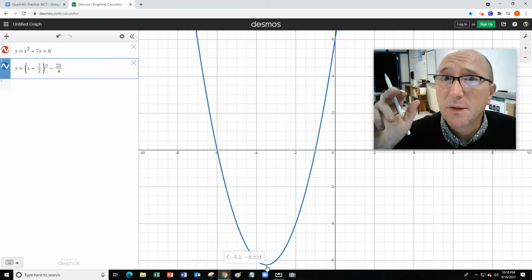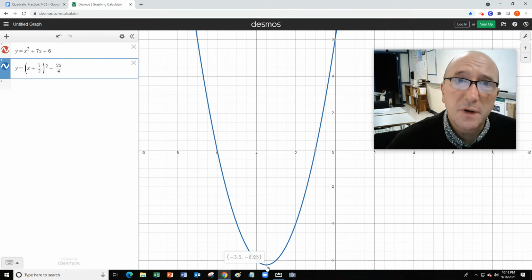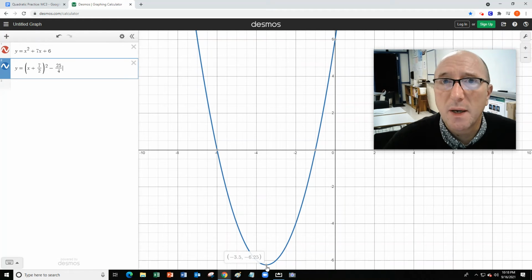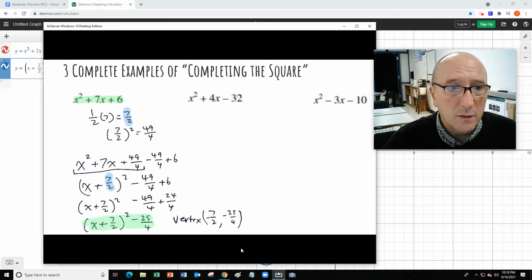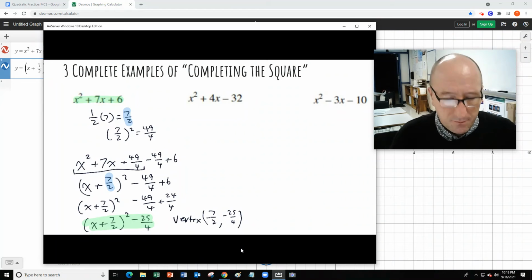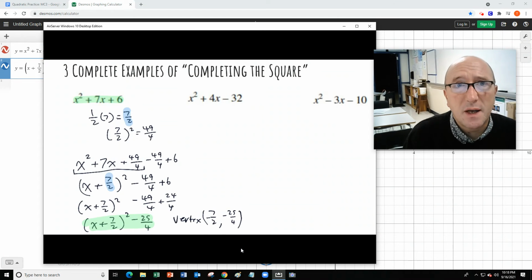So we completed the square, and we figured out what the vertex of the parabola was by completing the square. Now, let's just review those steps one more time. We took 1/2 of 7. We got 7 over 2. We squared the 7 over 2, which gave us 49 over 4. We added 49 over 4, and we subtracted 49 over 4, which just added a 0 to the quadratic, which didn't change it.